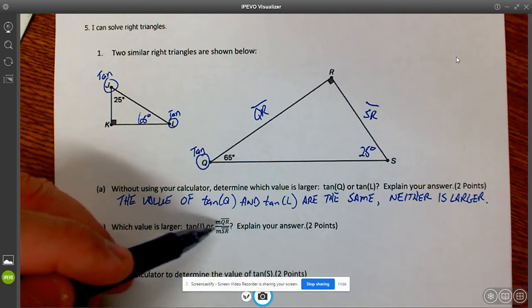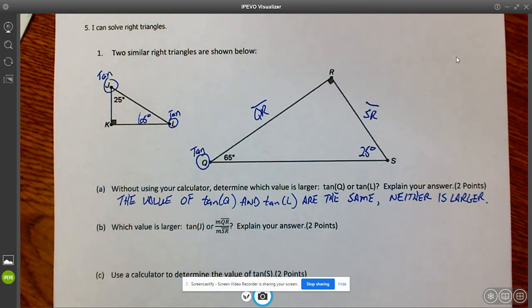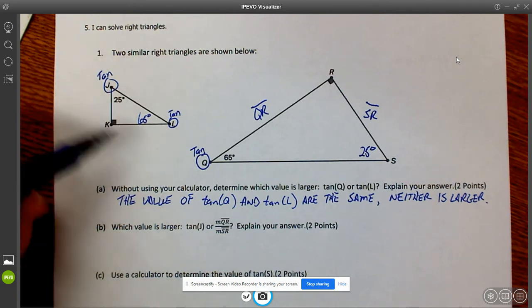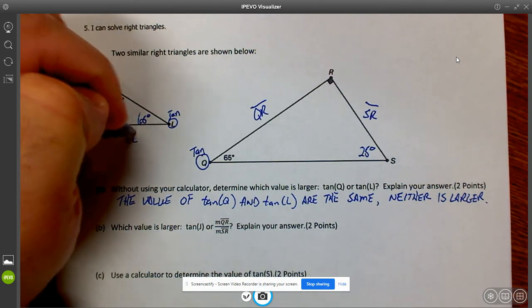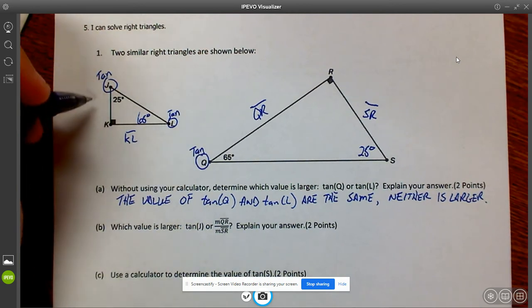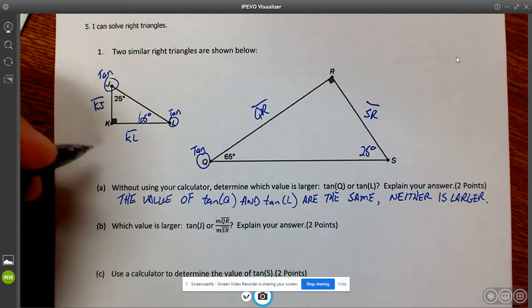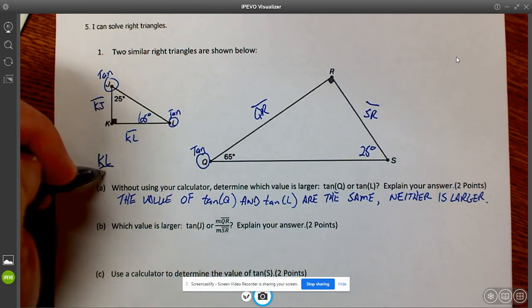Again, these are ratios. So the tan of J is the opposite over the adjacent, KL over KJ.